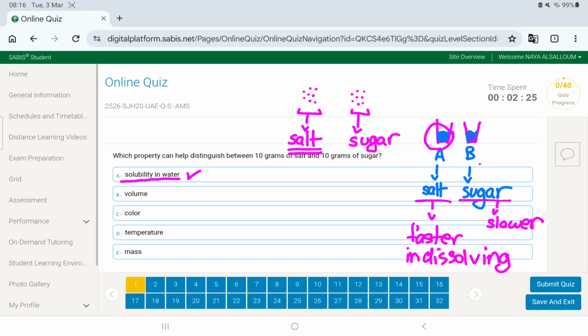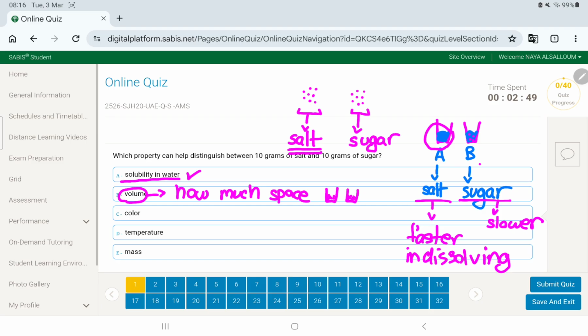Now let's see why the other options are wrong. The volume is how much space it takes up. But basically, let's say if you had one cup and another cup, you filled one with sugar and one with salt, and let's say you put the exact same amount.